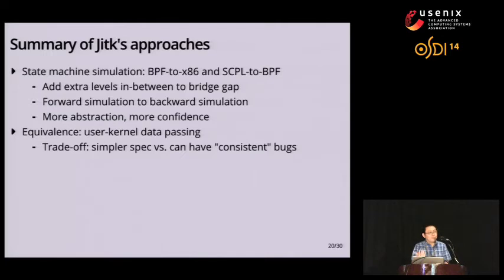And if you want more confidence in the correctness of your specification, you can build up the abstraction stack. And for the equivalence of the kernel data parsing, we choose equivalence instead of an actual state machine. We think this trade-off is good because it offers a simpler spec.